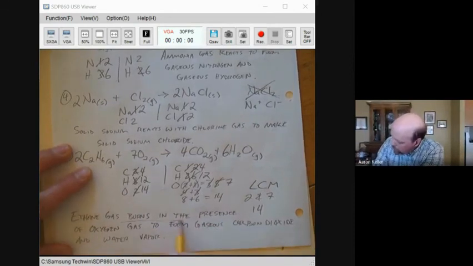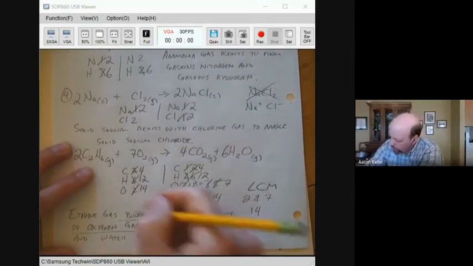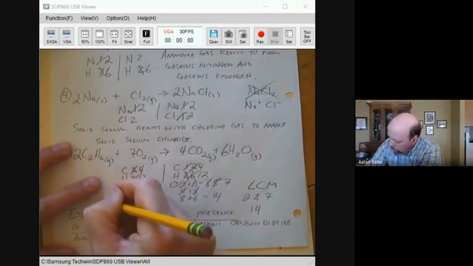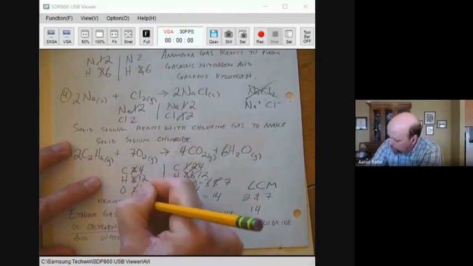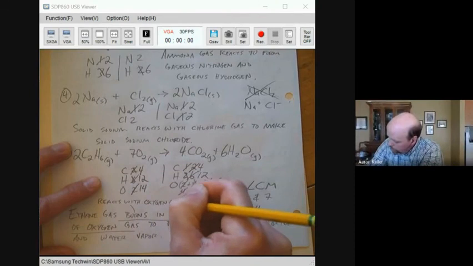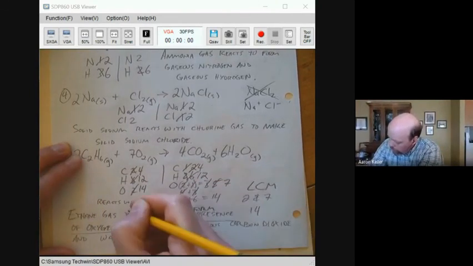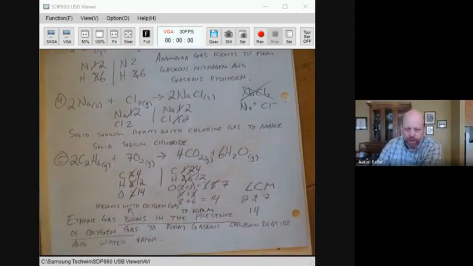Okay, so this whole phrase, burns in the presence of oxygen gas, you could have written instead, and this is fine, reacts with oxygen to form. Okay, we could read it that way, and that's fine.